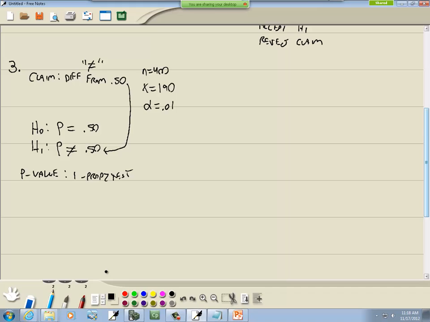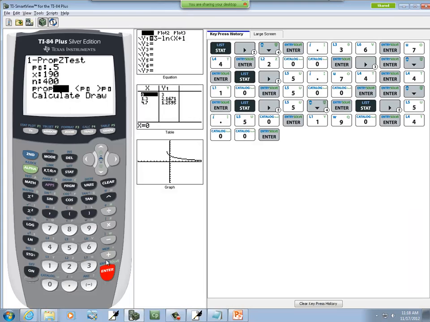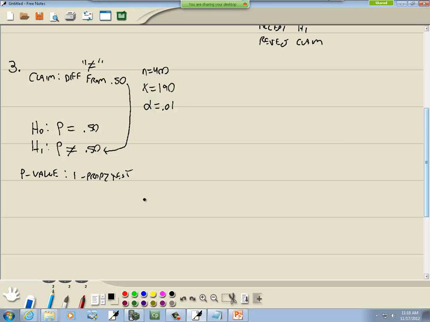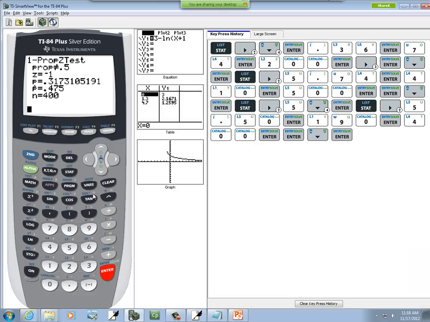The symbol on H1 is a not equal to. I have my flashing cursor there. I can press enter to select it, then go down to calculate and press enter. So our p-value is 0.3173.